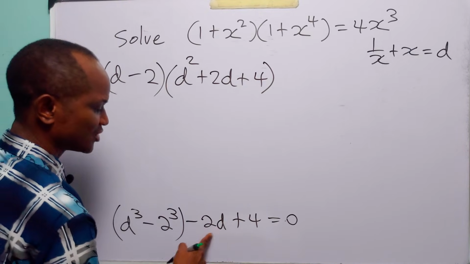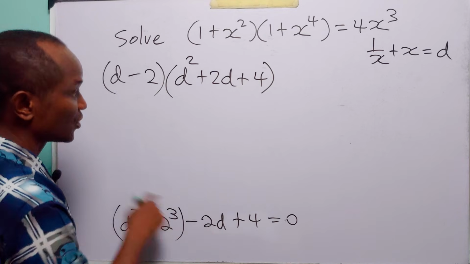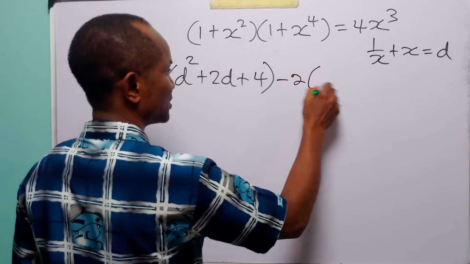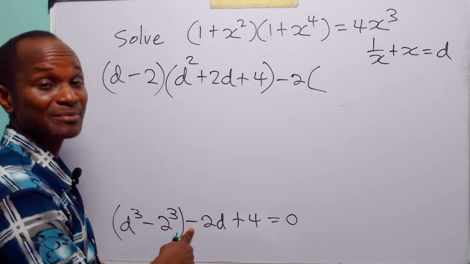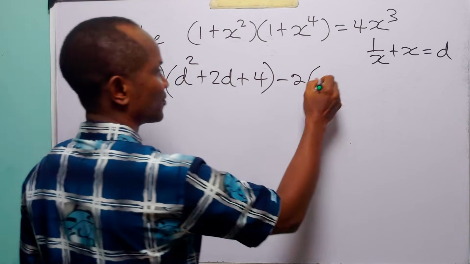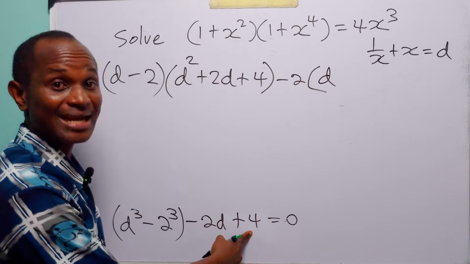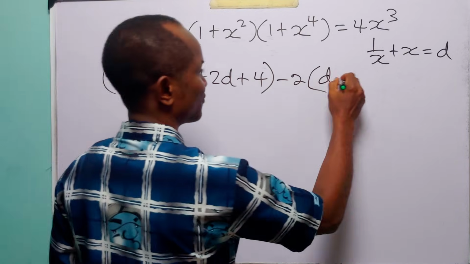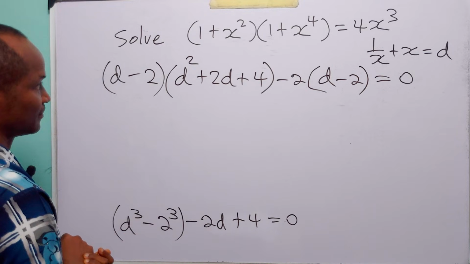Now, when you look at these two, you're also going to see a common factor, which is minus 2. So here we have minus 2 into minus 2d divided by minus 2 is going to give us d. And plus 4 divided by minus 2 is going to give us minus 2. And of course, this is equal to 0.